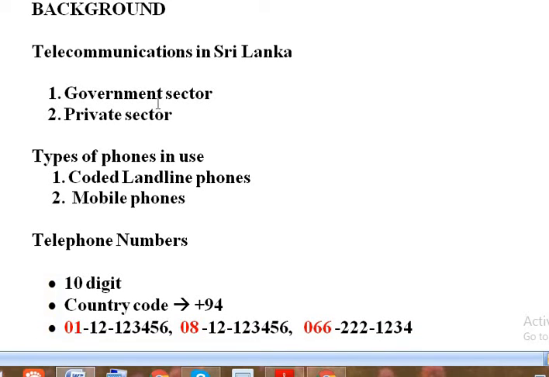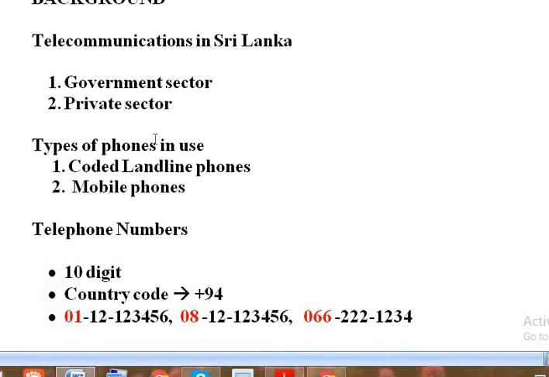You have people using two types of phones. Number one, you have the coded landline phones, which are generally used in the office or business setting. Apart from that, almost everyone has a mobile phone, so you might be able to reach people through both lines.